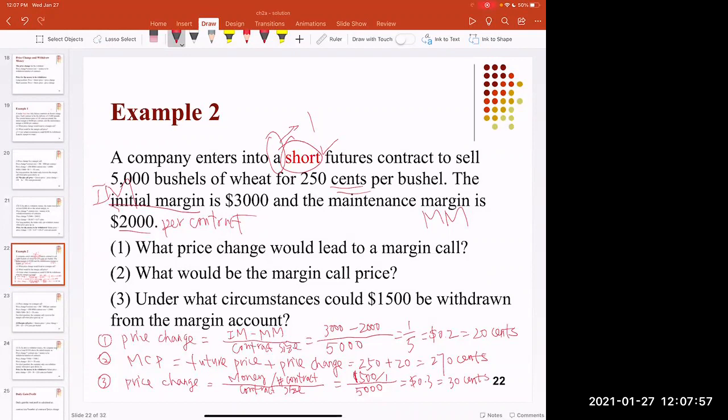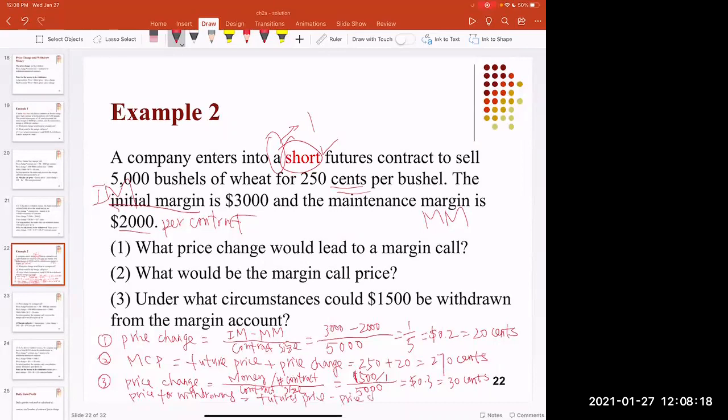Again, you take a short position, so you should be able to withdraw when the price goes down, right? So futures price minus price change.